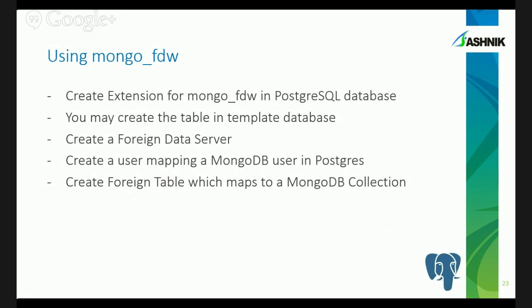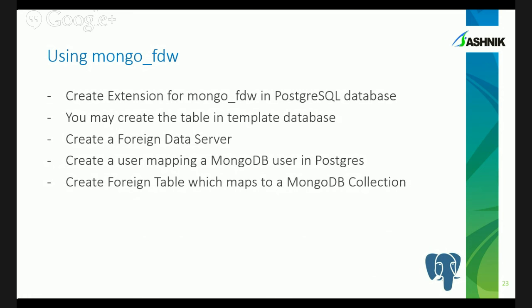After that, you need to create a user mapping separately. This user mapping would be effectively telling Postgres that when I request something with a Postgres user A, in return at the backend, you must be using this MongoDB user.